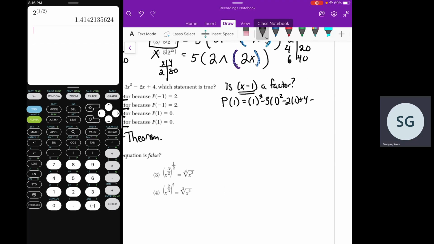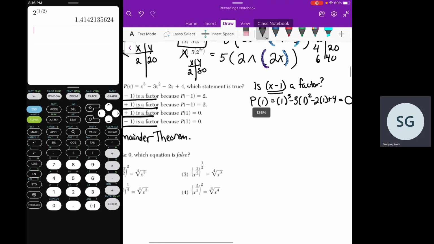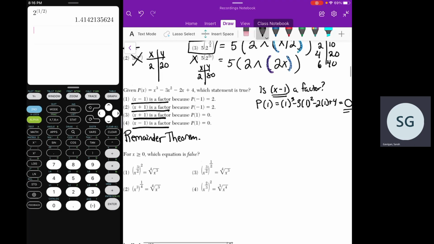So just type that into your calculator. That's going to equal 0. Since the remainder when I divided p of x by x minus 1 was 0, that's telling me that this is a factor.